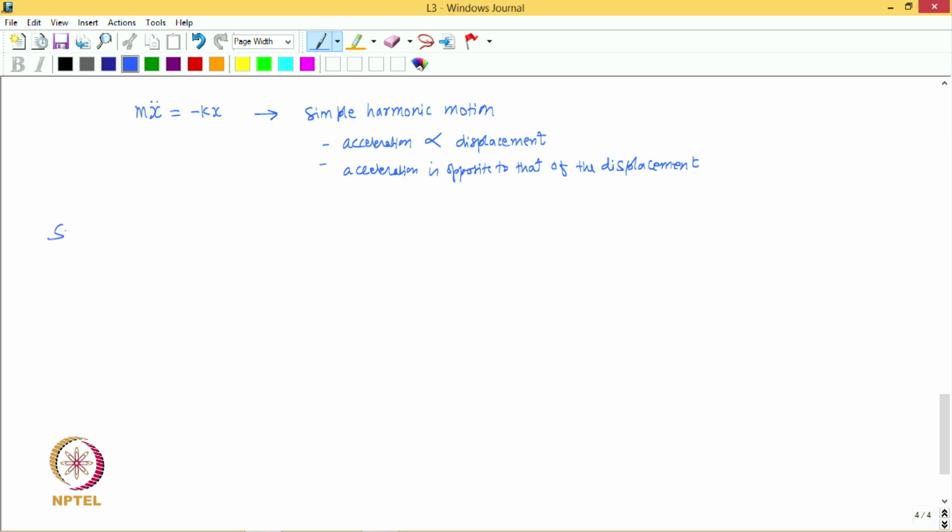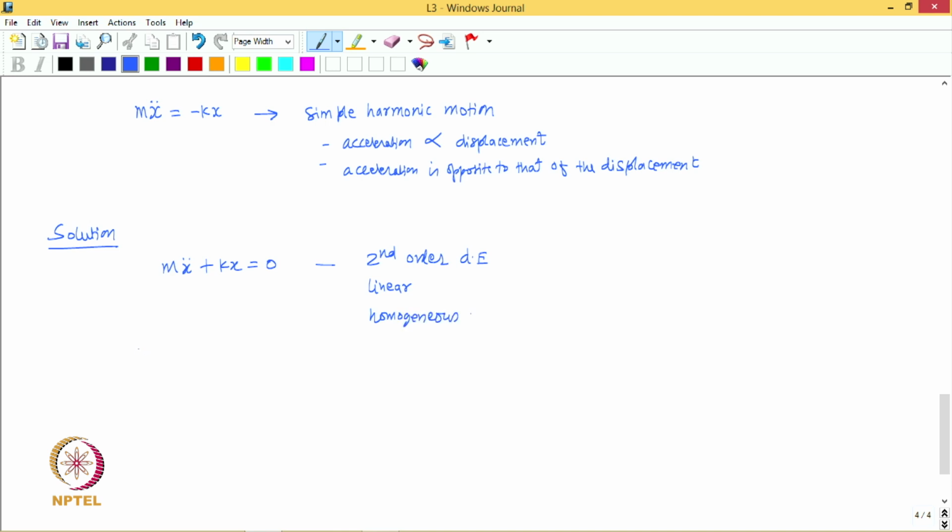So therefore if we think of the solution of this differential equation, m x double dot plus kx equal to 0, we note that this is a second order ordinary differential equation. Of course it is linear because m and k are constants, and the power of x and its derivatives is only the first power, first degree, and it is also a homogeneous equation.